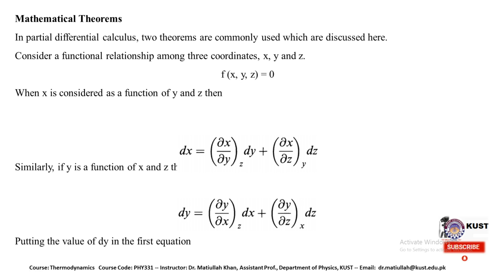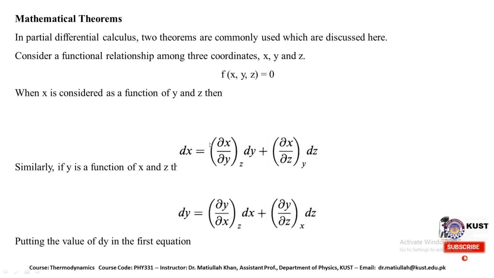If we consider the x coordinate as a function of y and z, then the change in x can be written using the differential from partial differential calculus: dx is equal to the change in x with respect to y when z is constant, into dy, and in the same way the change in x with respect to z when y is constant, into dz.